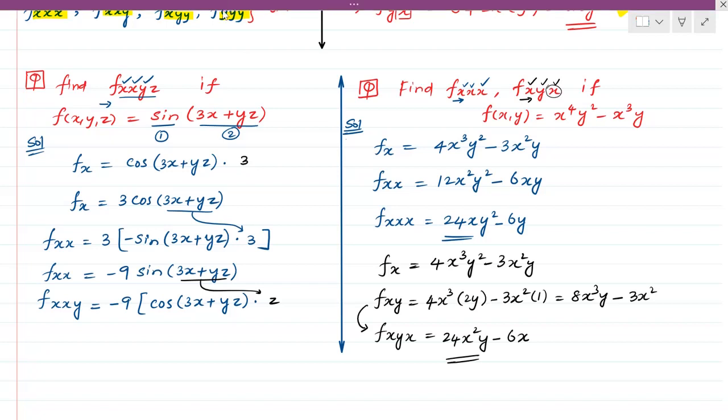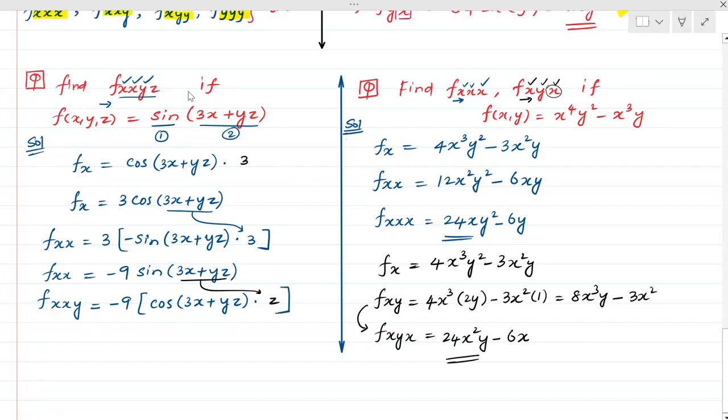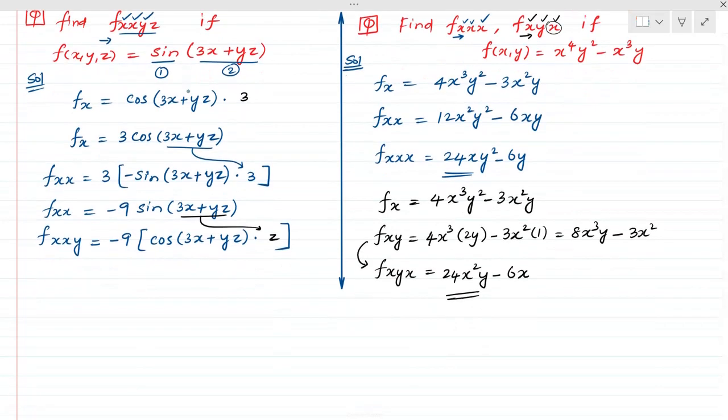So f_xxy, after multiplying, is minus 9z cos(3x + yz). Now this is also done.